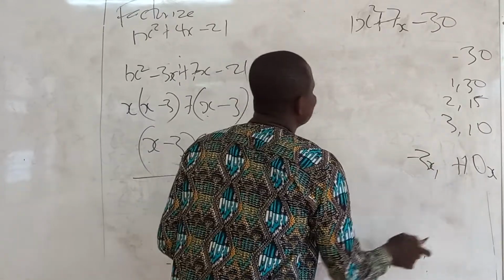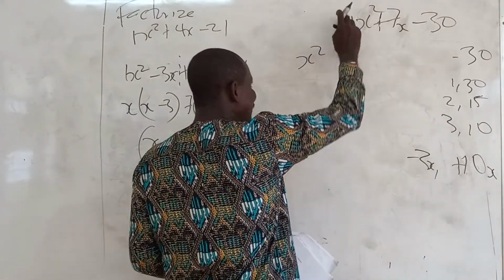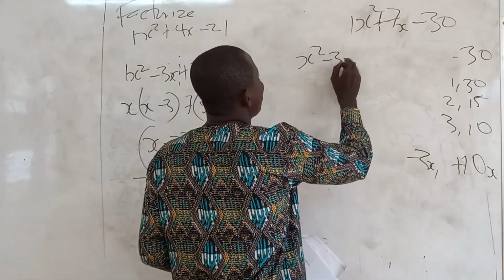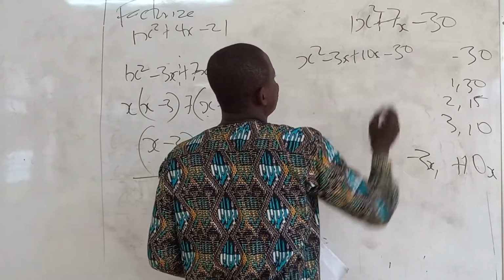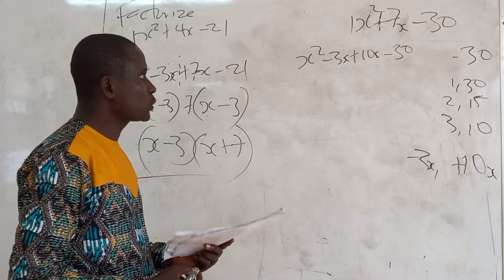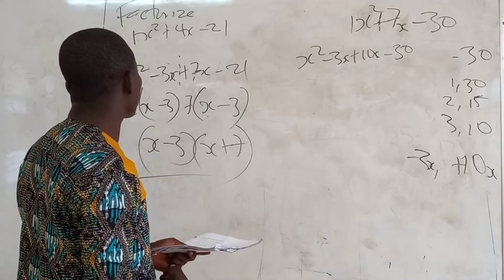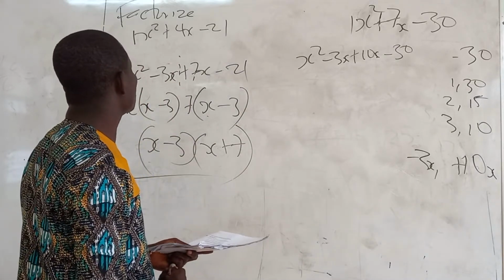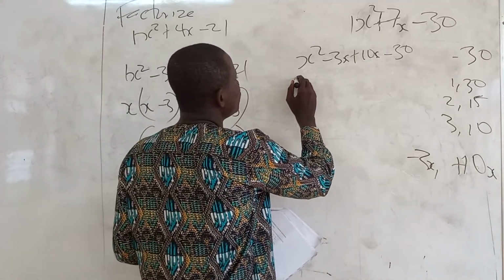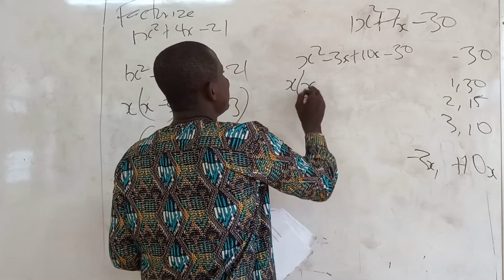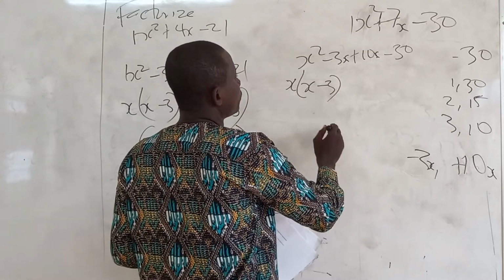So I'm going to lift this here. It becomes x squared maintained, minus 3x plus 10x minus 30. This is what we are having now. So what is common here? This one is almost similar to the first one. So we have x here, and here is x minus 3.